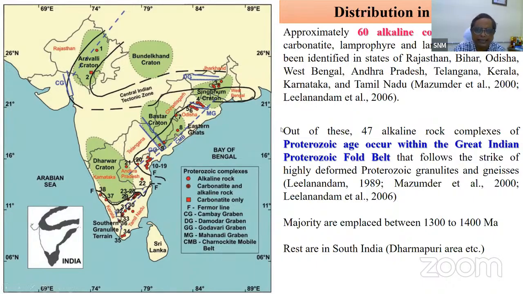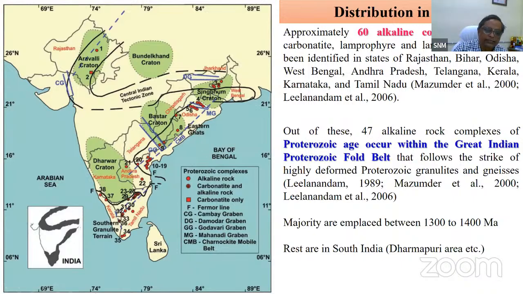So at least 60 alkaline complexes of alkaline silicate rocks or carbonatites have been reported from different states, out of which about 47 are from the GIPFB, and the remaining majority are in the Southern Granite Terrain, and they are concentrated at the contact between Dharwar and SGT, or within the SGT, that we call the Dharmapuri rift zone.